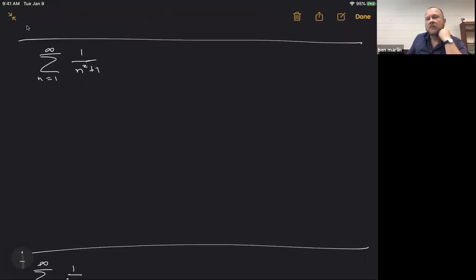But one thing that people will frequently do is to look at this and say, aha, that's a p-series. It's not. It's similar to a p-series. It's not quite a p-series, right? So if you're looking at that and saying that looks a lot like the summation n equals 1 to infinity of 1 over n squared, you're right.